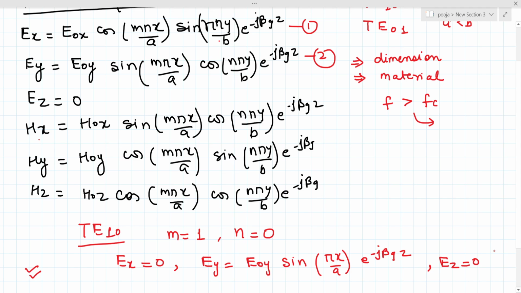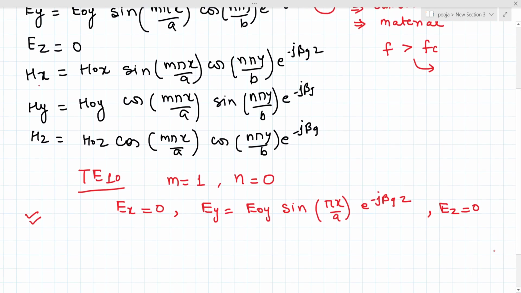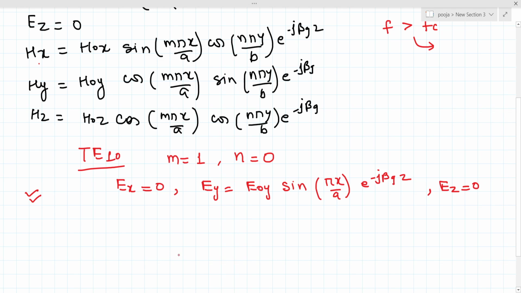This means the electric field component that will exist within the waveguide in TE10 mode is the y component only, which has sine variation along the x-axis. Sin pi x by a is here, so it will vary along the x-axis, and it is the y component of the electric field. Now let's see the magnetic field components for TE10 mode.